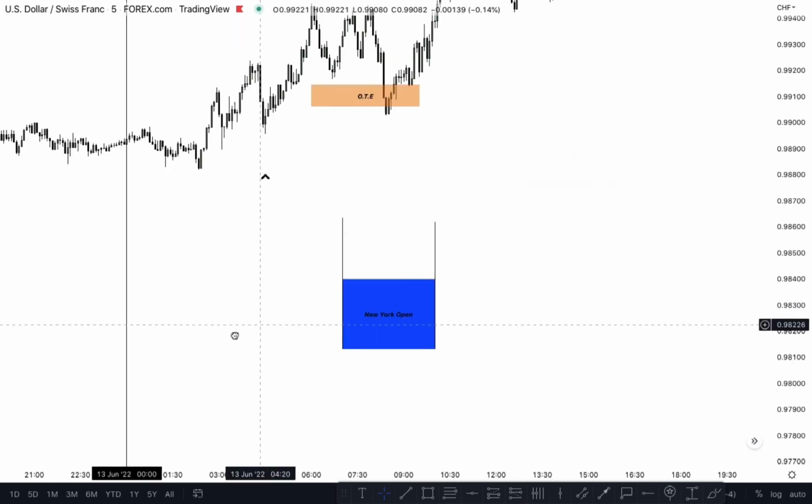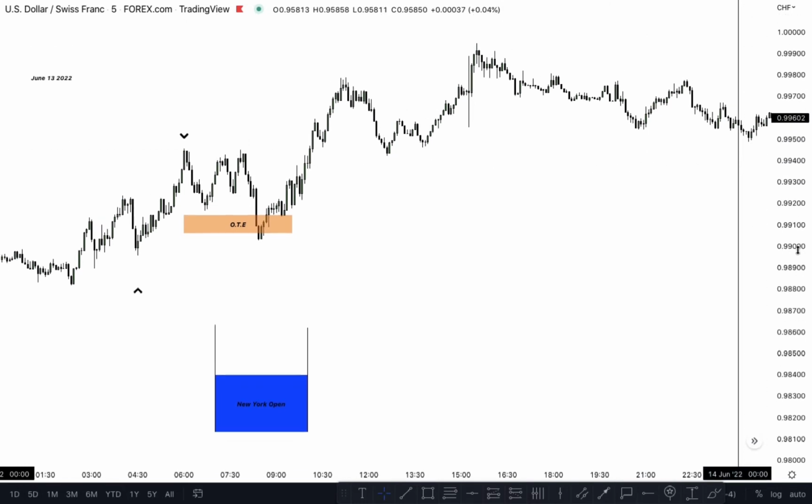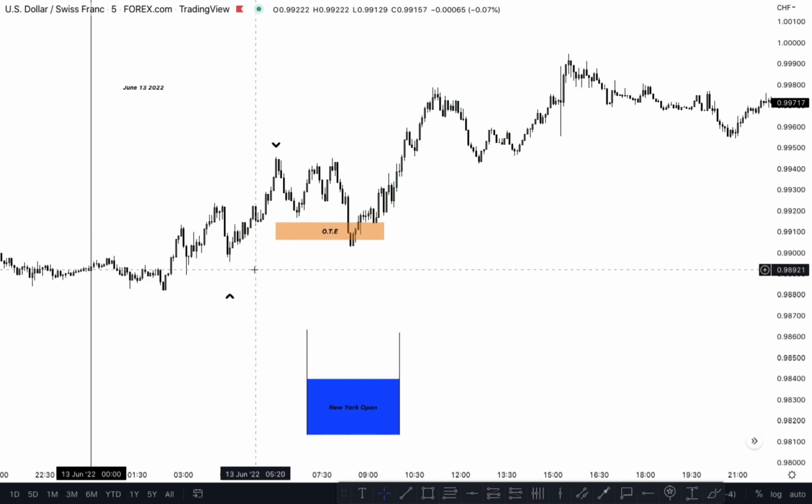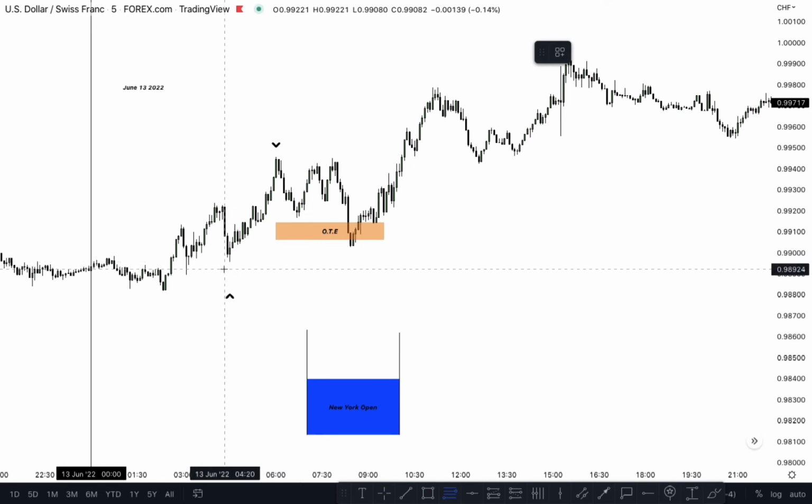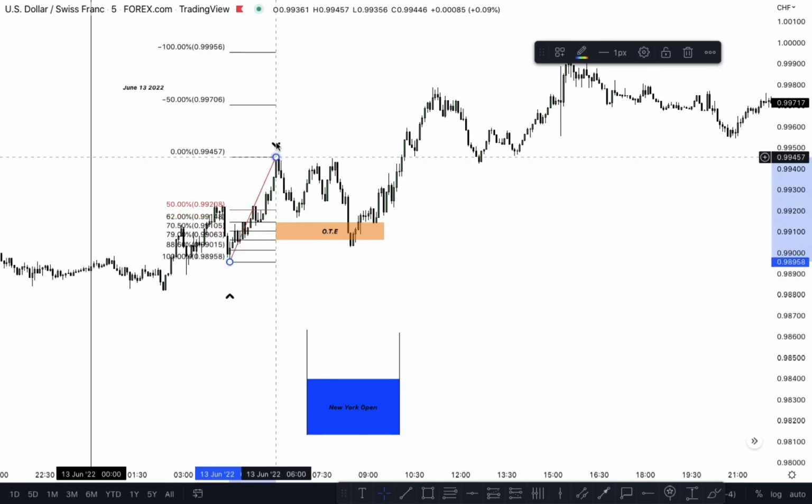Looking at the next trading day, you can see we have another actual trade entry that occurs. We have a high point to a low point, so we have our range. We have our time period that we're concerned about, that characteristic occurring. You can see from that low to that high, we get that OTE setup. And now you do notice that price does come below the OTE, but notice Forex isn't perfect.